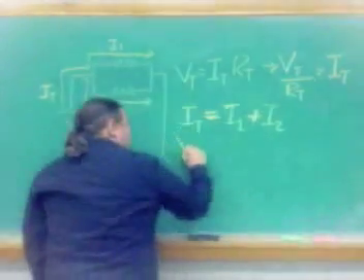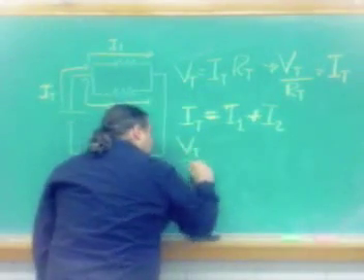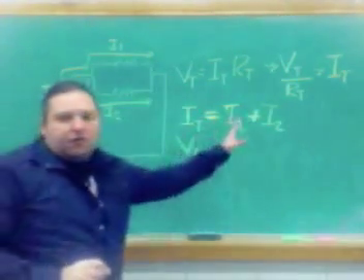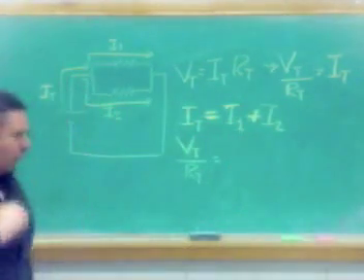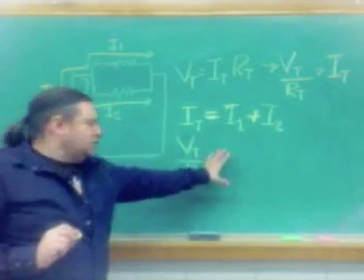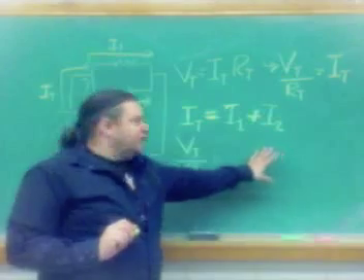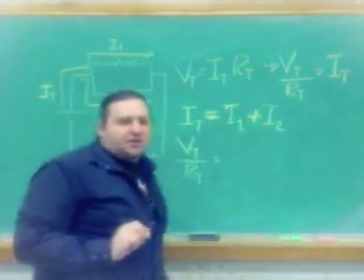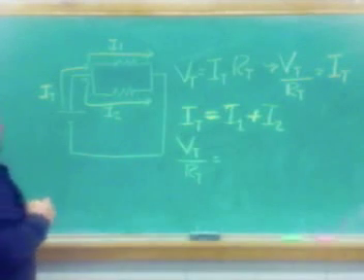So substitute in, I get voltage total over resistance total is equal to I1 plus I2. Now, I want to put it in the same terms. I want to have voltages here. I want to have resistances here. So what I need to do is apply Ohm's law to I1 and I2. And let's look at I1 and I2.